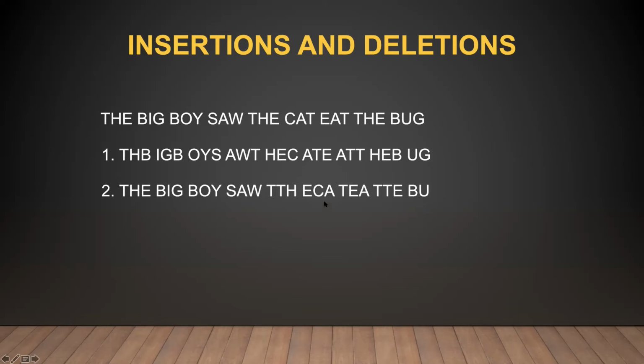And this type of mutation is an insertion or a deletion. It's still just dealing with one of the nucleotides, but this time we're either deleting it or adding it, and these can cause a lot of chaos in forming our proteins.